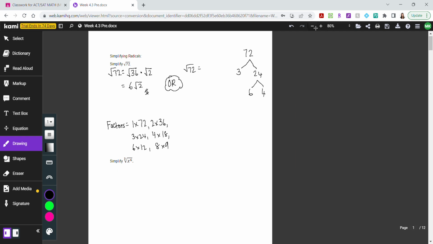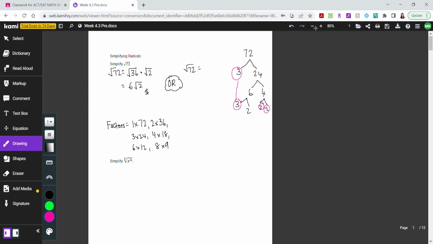Now 24 can break down because it still has multiples. Now let's break this down. 6 will become 3 and 2. 4 is 2 and 2. All right. Now if we look here, because it's a square root, we want the numbers that are repeated twice to be written outside. So let's circle them. We have 3, and we have 2.